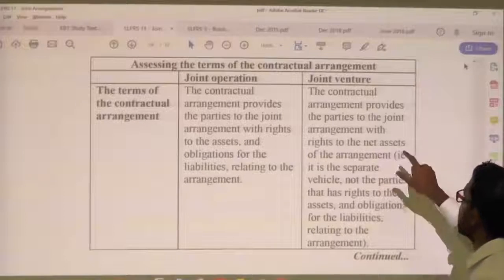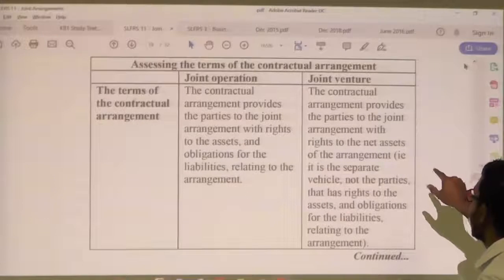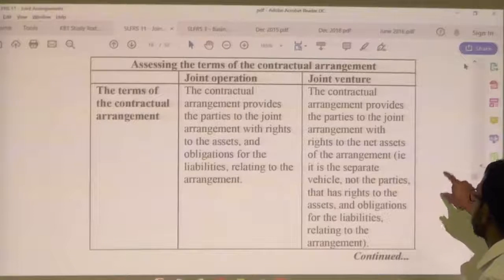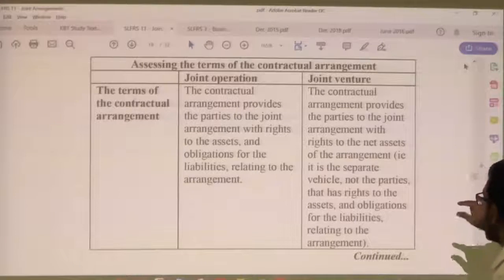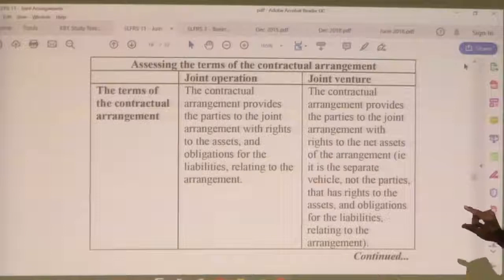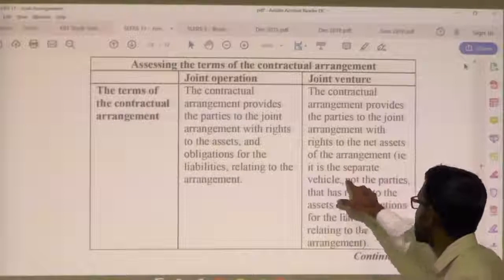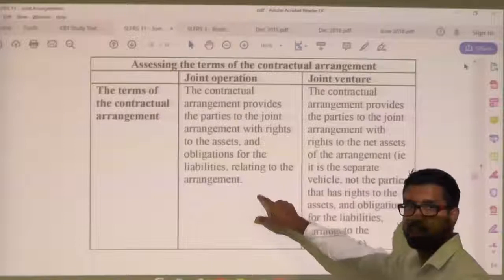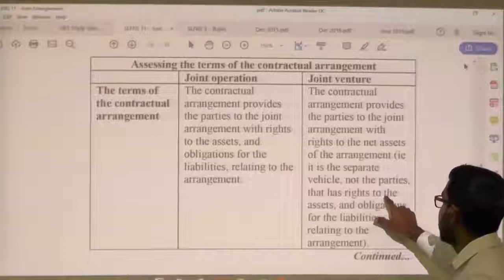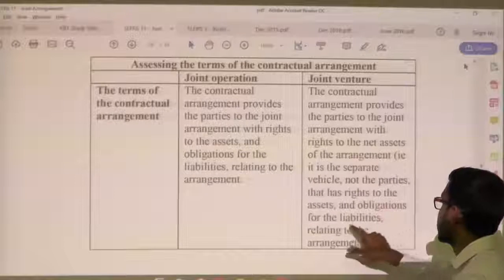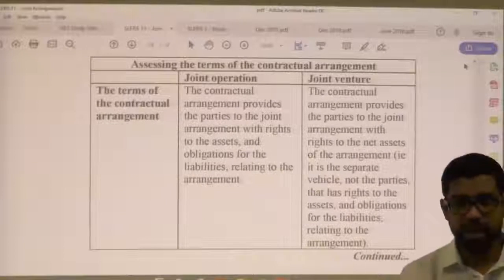Joint venture means the contractual arrangement provides the parties to the joint arrangement with the right to net assets of the arrangement. It is the separate vehicle, not the parties. We understand that to be a joint venture, it should be a separate vehicle. Here, it should not be a separate vehicle, right? It is the parties that have rights to the assets or obligation for the liabilities relating to the arrangement.